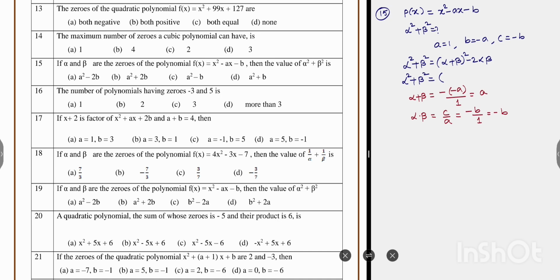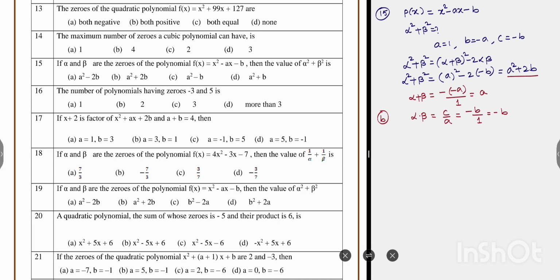Alpha plus beta is a, so a whole square, minus 2 alpha into beta. Alpha into beta is minus b, so it is 2 into minus b. So it becomes a square, minus into minus plus, so a square plus 2b, which is option B.